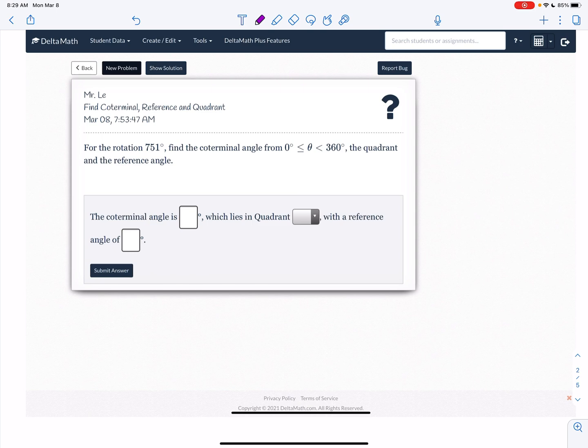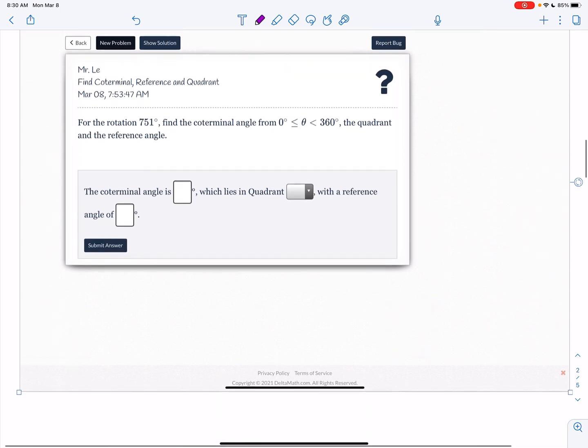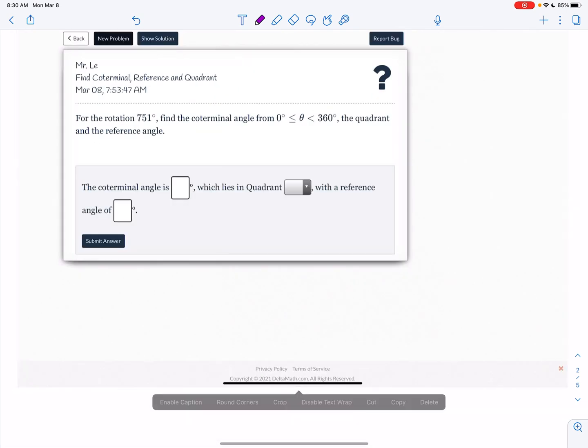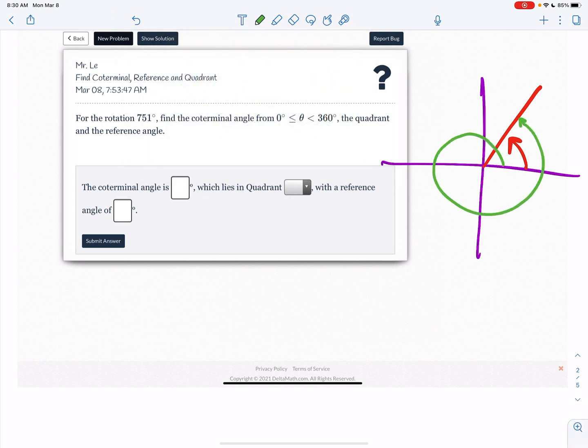Remember, coterminal angles, just to revisit real quick. Coterminal angles are angles that end up in the same terminal side. So if I have an angle here, that's the same thing as going one full circle and then back here. As long as you're ending up in the same spot, it's considered a coterminal angle.